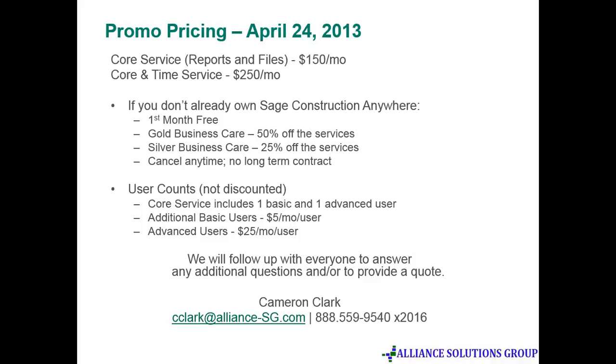The promotion for clients who are already Sage clients but not subscribing to Sage Construction Anywhere is that they get the first month free, and if they're a Gold Business Care, they get 50% off of the services, and Silver is 25%. It's also a cancel anytime subscription, so there are no long-term contracts.